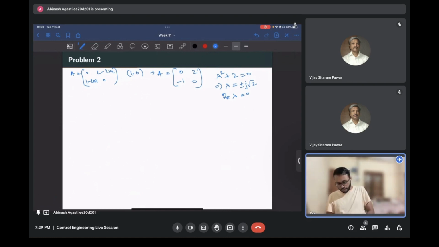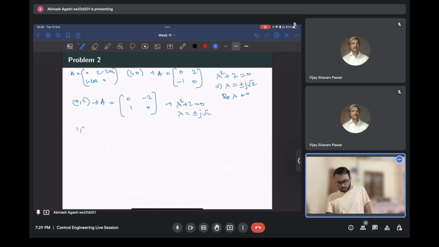Okay. Then for the other equilibrium point (0, 2), A is, we'll put in (0, 2), so this is [0, −2; 1, 0]. So again here also we'll have lambda square plus 2 equal to 0, that is lambda is equal to plus minus j root 2.